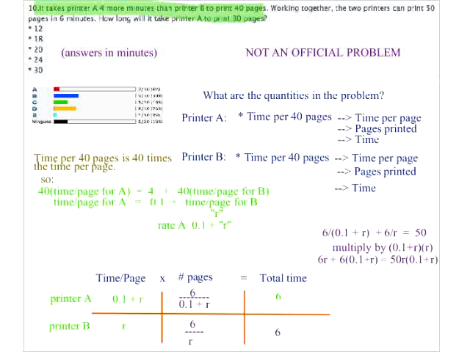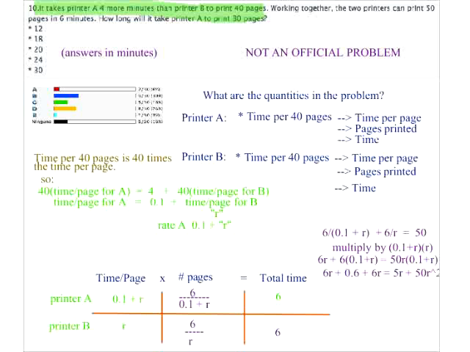So it looks like it's going to be this ugly quadratic. That's 6r plus 0.6 plus 6r equals 5r plus 50r squared.